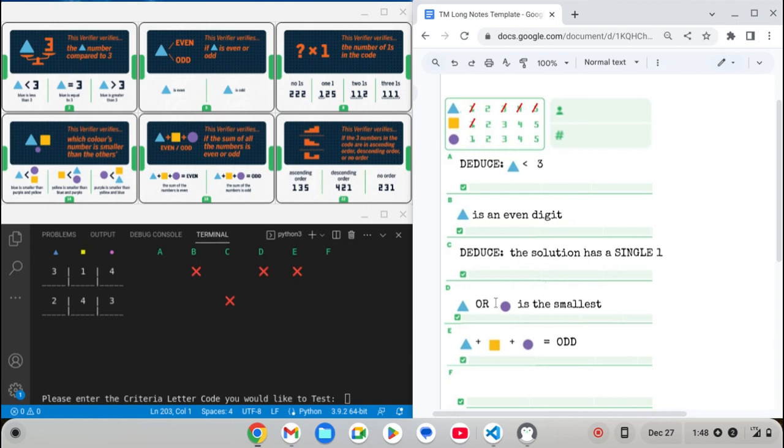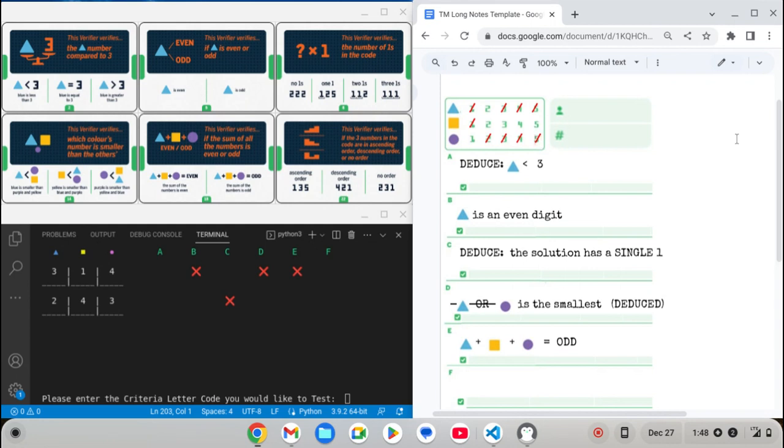So let's go ahead and cross out, and I'll just type it up that we deduced this result. So that means that circle must be the 1, and that's our lone odd.